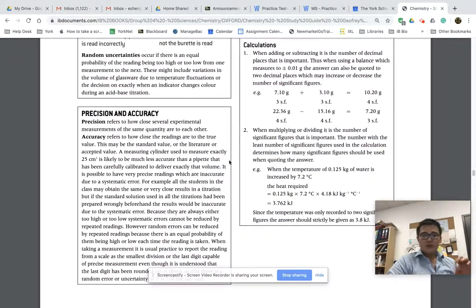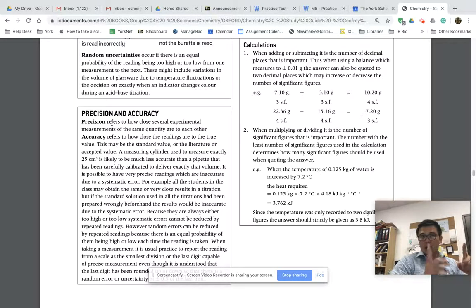Now, you also talk about what precision and accuracy are. Precision is how close your data are together, whereas accuracy is how close they are to the standard value. A better example would be a thermometer. We all know that the boiling temperature of still water should be 100 degrees.